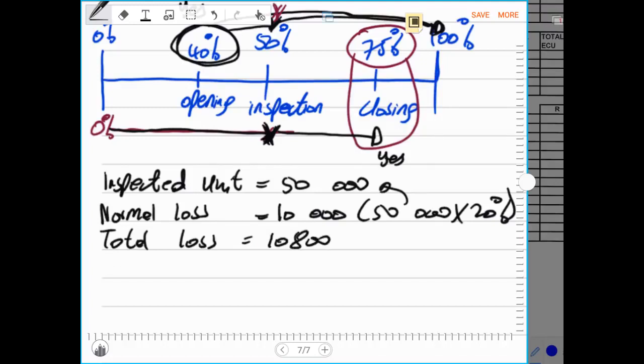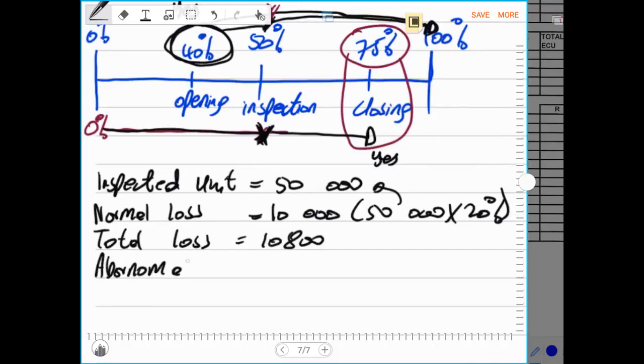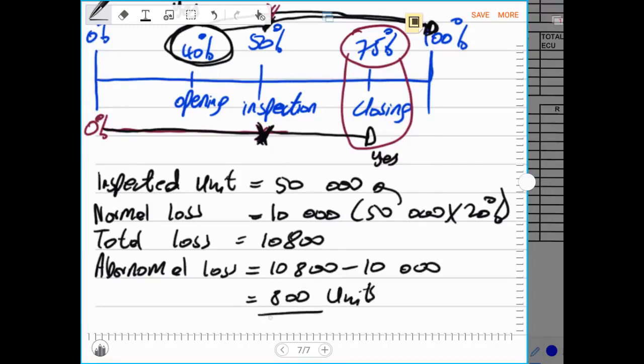Then our abnormal loss will be equal to total loss of 10,800 less our normal loss of 10,000, and that will give us 800 as our abnormal loss. Therefore, 800 units are abnormal loss. That means the loss that can be controlled, loss that is unexpected.